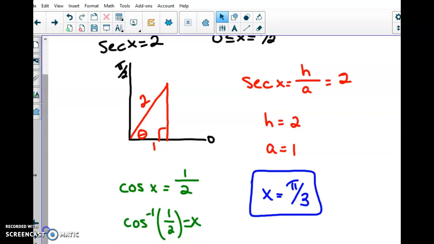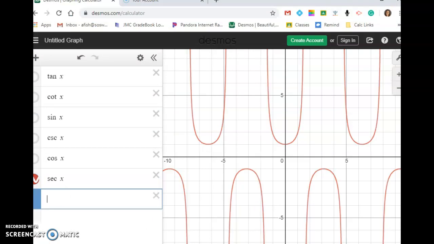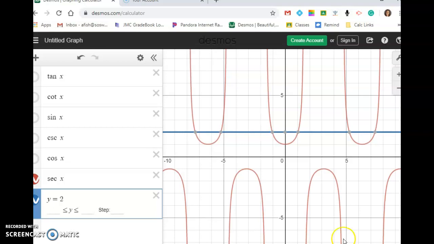If all else fails, the other thing that you could do is use Desmos. I could have my secant value of x here, and then I could also set it equal to 2. When I'm setting it equal to 2, I'm going to have y equals 2, and I'm going to figure out, based on this, looking at my graph, where that intersection actually occurs.